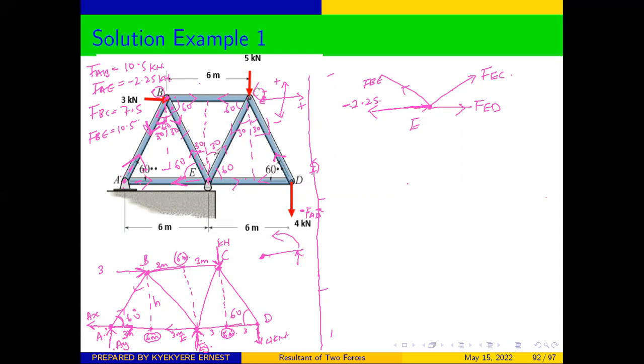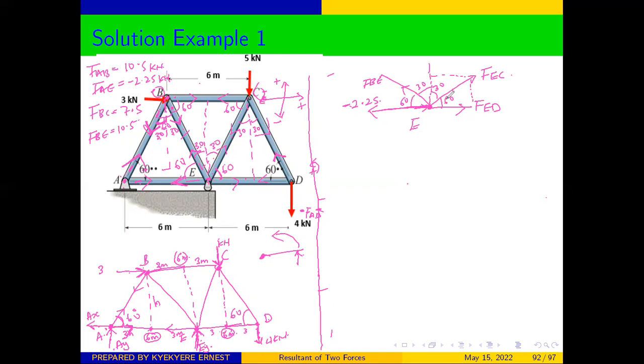So we need to resolve this force and that force into components. And we know that the angle it is making with the horizontal is 30 and the angle it's making with the vertical is 30. Therefore, we can just draw our axis like this. This side is 30, but this side is 60. So from here, we can resolve our force into X and Y components.